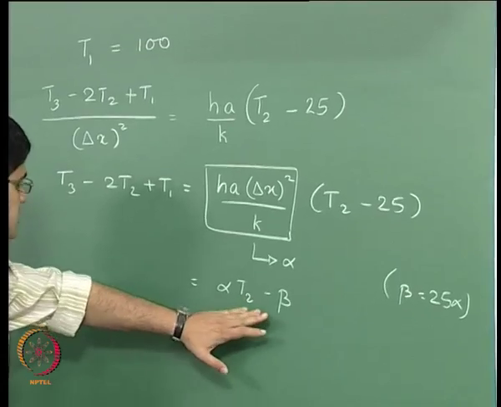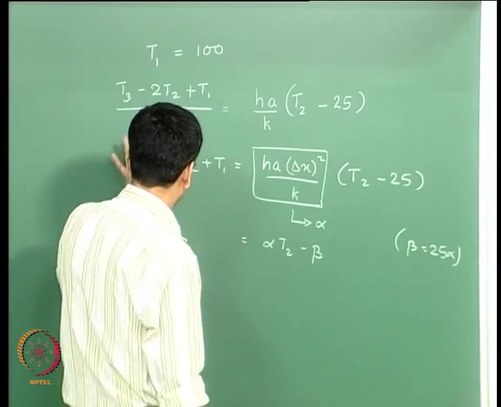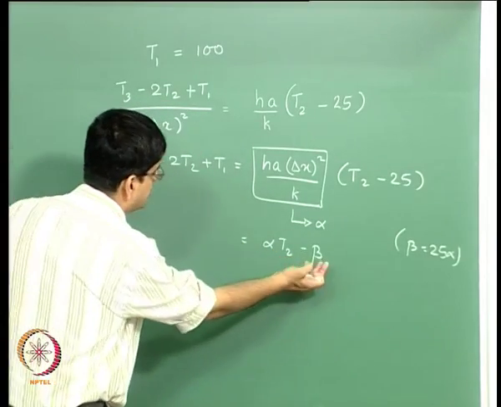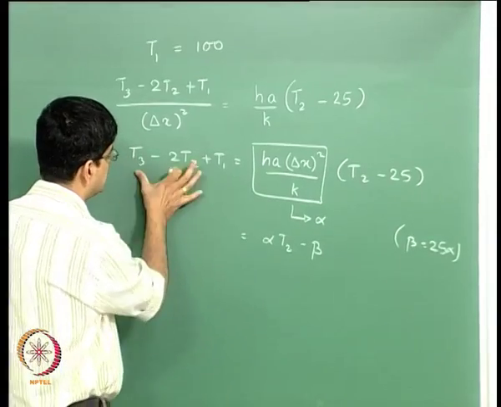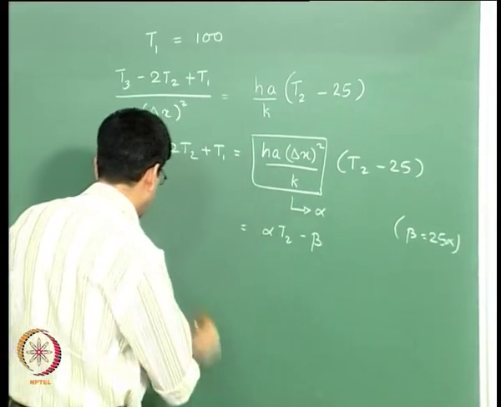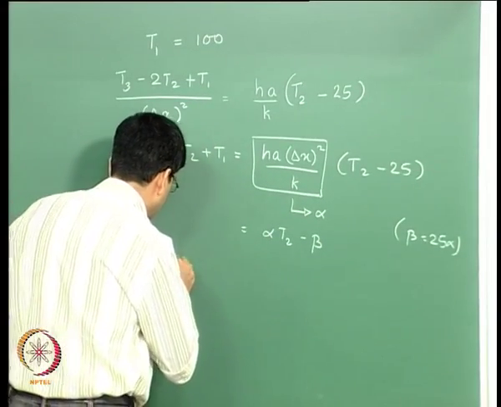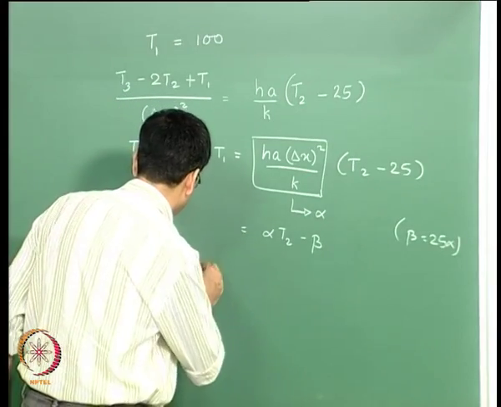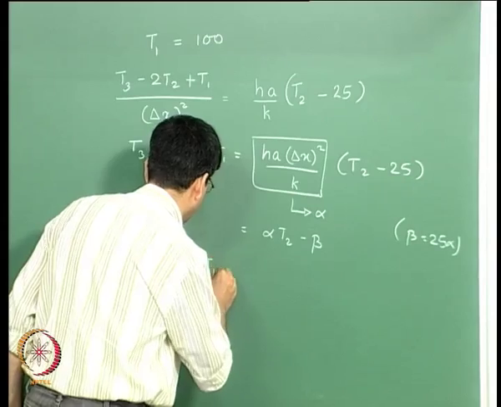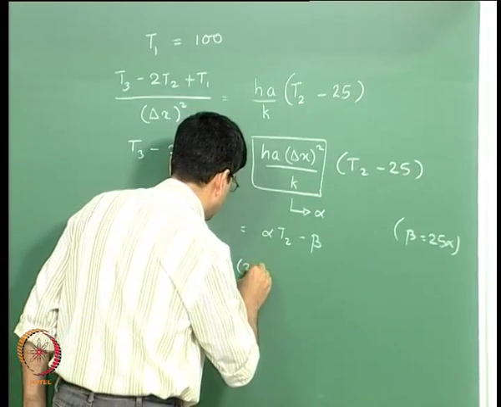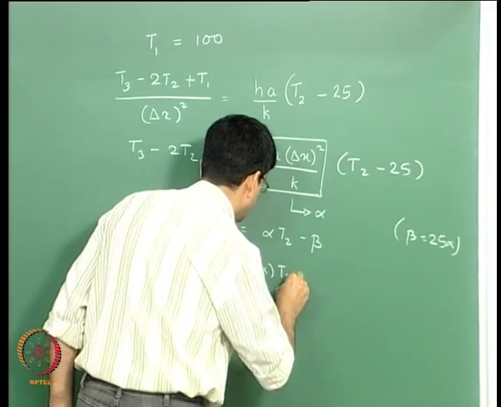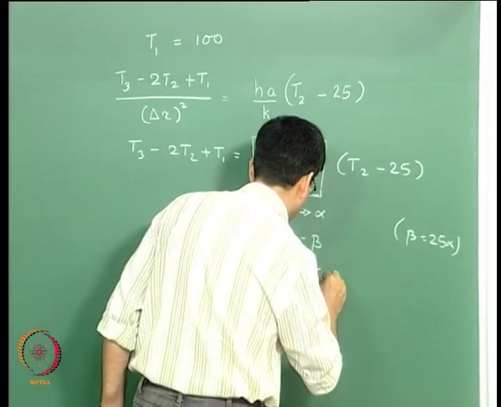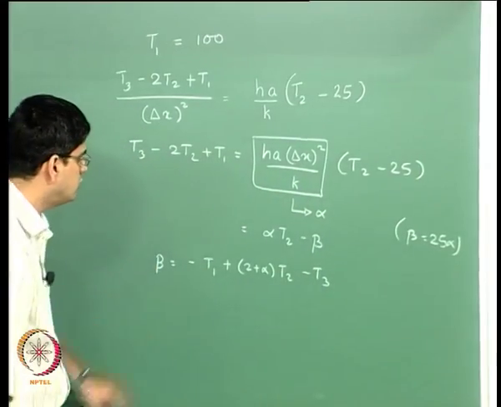We will rearrange this: we will take beta onto the other side, and take these terms onto the right hand side, and we will get minus T1 plus 2 plus alpha T2 minus T3 is going to be equal to beta.